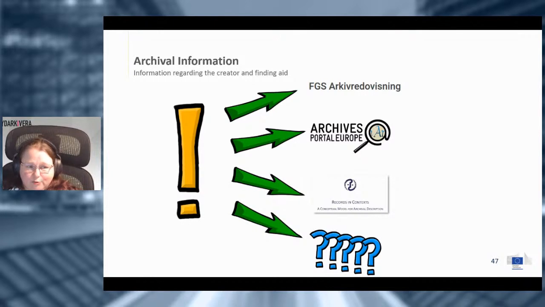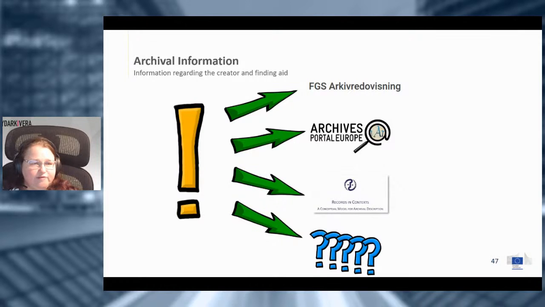there are national ways of describing it. We are just recommending to use a number of different standards. I know there are a lot more around, so use the one you are using.